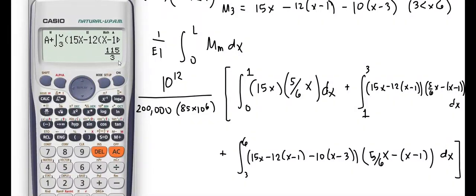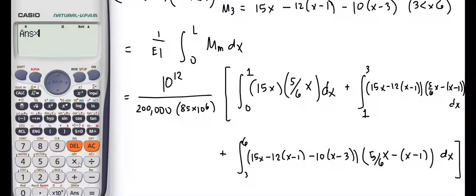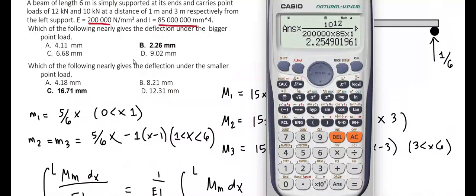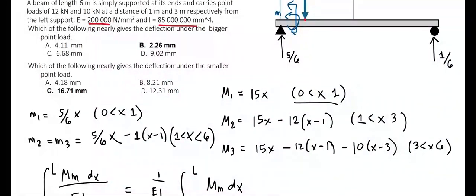Once we have our integrals, we multiply this by 10 raised to 12 divided by the flexural rigidity of 200,000 times 85 times 10 raised to the power of 6. We get our final answer that is equal to 2.2549, which is closer to 2.26, which is letter B.